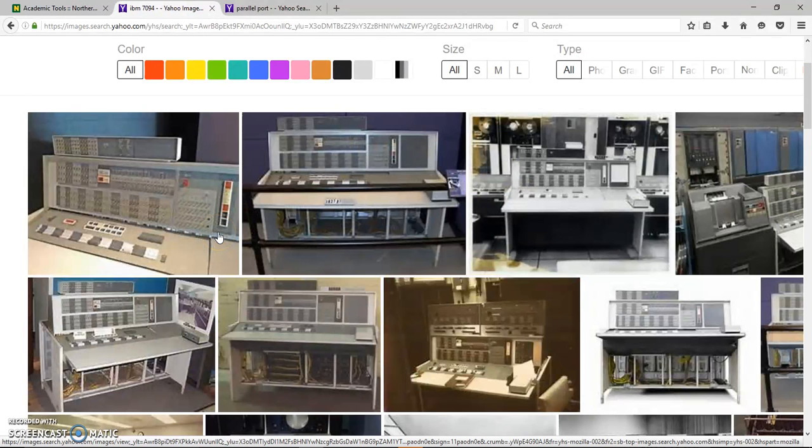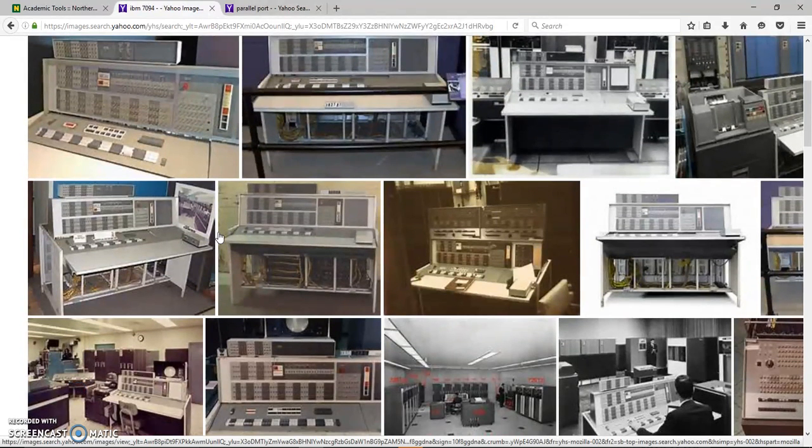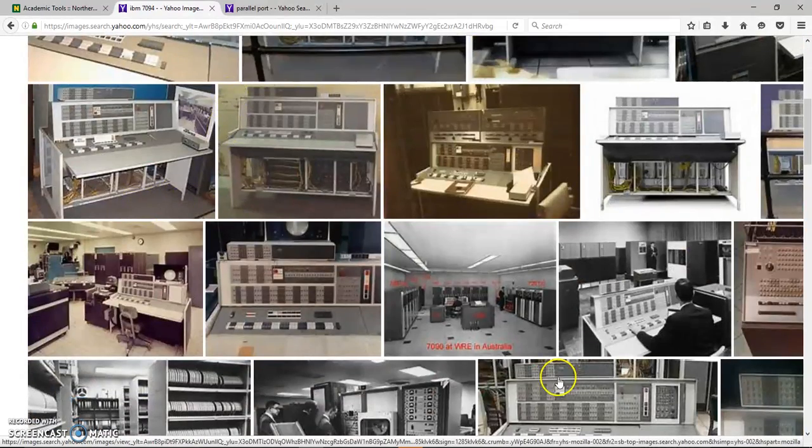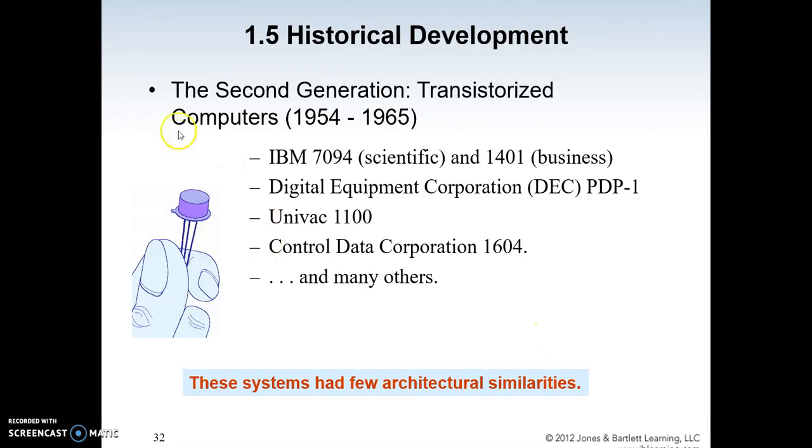And access to the computer had a time limit. You have only 1 hour to use per week, something like that. Not like every day, every minute as you can do today. So that's the history, and that's the machine for that generation between 1954 to 1965.